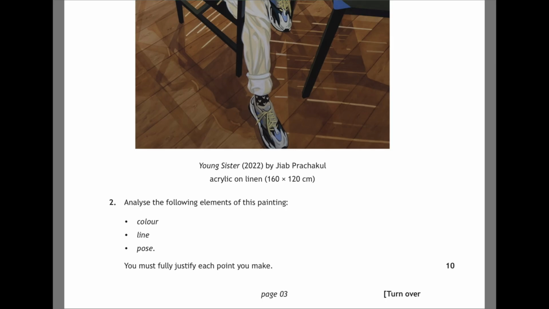So ideally I'd be going for 4 points on colour, 4 on line and maybe 2 on pose, because I think pose is the more difficult one. You can split up your points however you want. However, the maximum points you can be awarded for a prompt is 4, so there is no point in doing any more than 4 for your prompt.